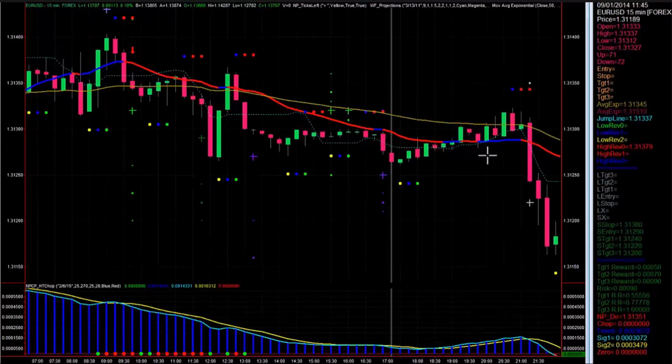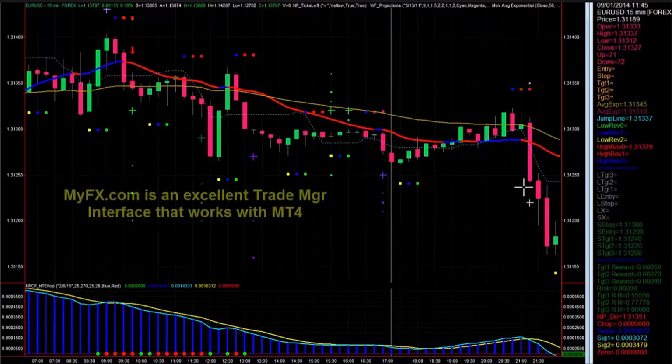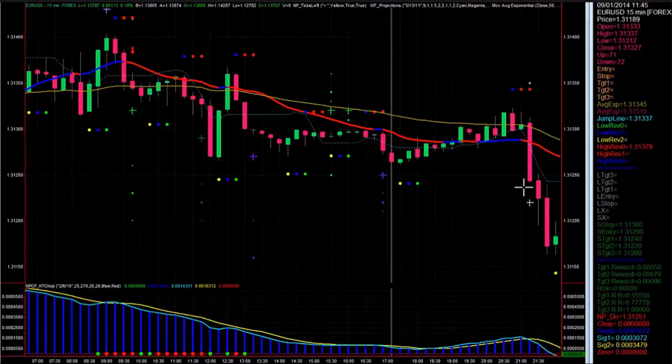Remember, 15-minute bars. And if you're using MT4, you can use a trade manager interface like myfx.com. That's how I trade Forex with my MT4 broker. I don't use my MT4 charts. I use my TradeStation charts. I'm trading through Oanda. And Oanda has New York time-based charts on their MT4 charts, just like TradeStation uses Eastern Standard Time.